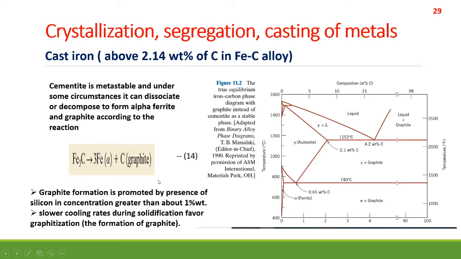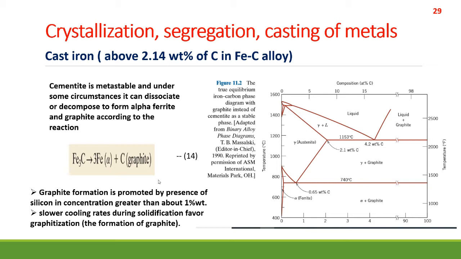So let's see what the favorable conditions to form graphite are. Graphite formation is promoted by the presence of silicon in concentration greater than about 1 weight percent. So when more than 1 weight percent of silicon is present as an alloying element in the iron carbon system, it will promote the formation of graphite.